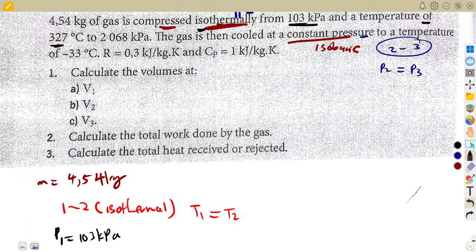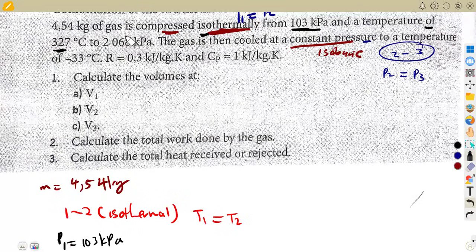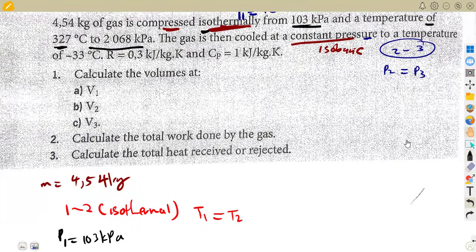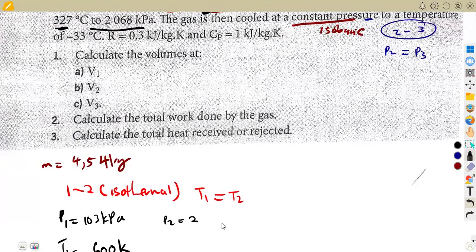So 327 plus 273 in Kelvin gives us 600 Kelvin. Then we are given the second pressure, P2, which is 2068.